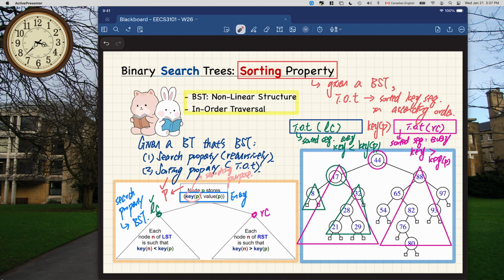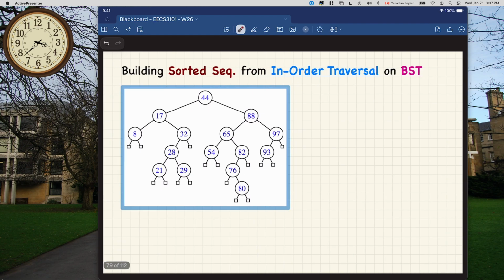Okay. I got about 12 minutes. I think we can do some very quick observation. Okay, so number one, a good exercise for you. Why don't you take this tree over here and do in-order traversal? Another way to really double check if a binary tree given is a binary search tree is simply do in-order traversal.